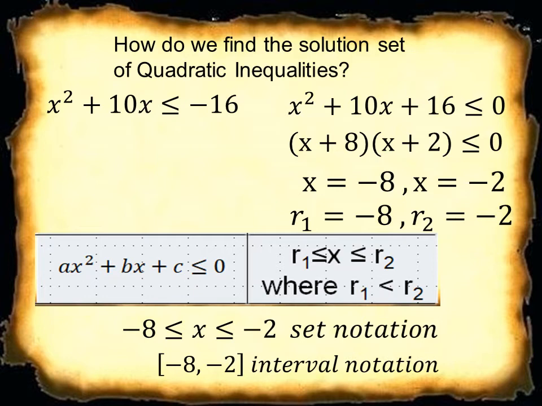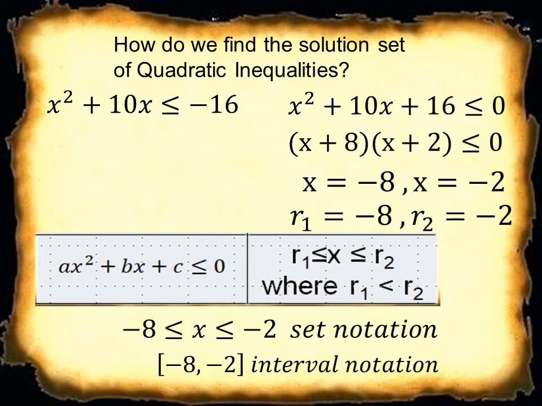Meaning to say, negative 8 and negative 2 are included in the interval. So those two answers are correct. Just choose which one is required to be used as your answer. But you can use either one if it is not stated what kind of notation. So just choose which one you want.